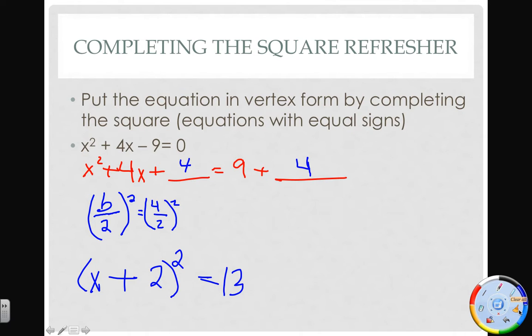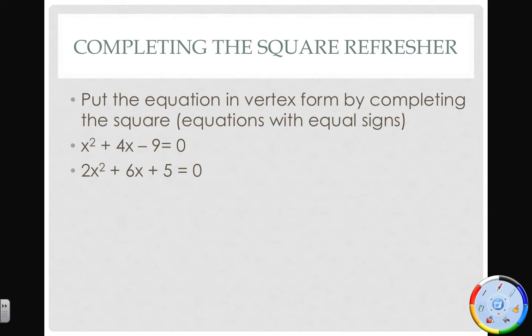What if a wasn't 1? I'm going to look at an example like that. In this case, 2x squared plus 6x plus 5 equals 0. And I hope you're telling yourself, oh, you have to factor out this 2. Well, you do.